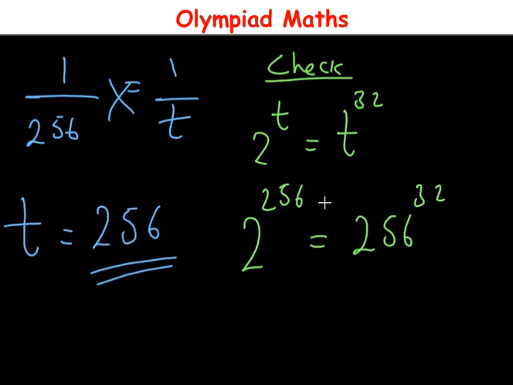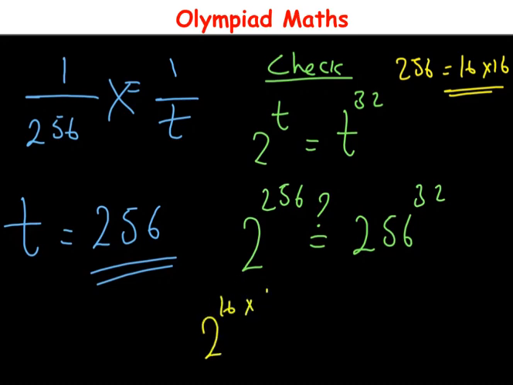Are they equal to each other? So from here, we can express 256 as 16 times 16. So this becomes 2 raised to power 16 times 16, and is this equal to 256 raised to power, where we can express 32 as 2 times 16? Are they equal to each other?